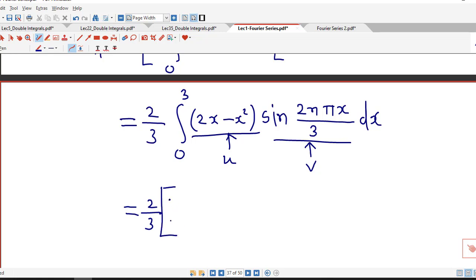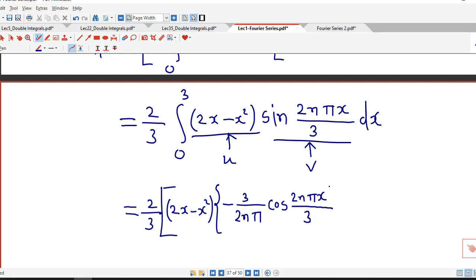So first I keep 2x minus x square as it is. Integral of sin function is minus cos 2n pi x by 3 divided by 2n pi by 3, that is in the multiplication 3 over 2n pi. Cosine of 2n pi x divided by 3 minus derivative of 2x minus x square, which is 2 minus 2x, integral of this bracket.